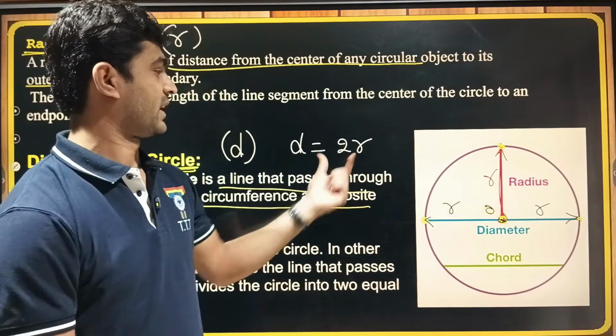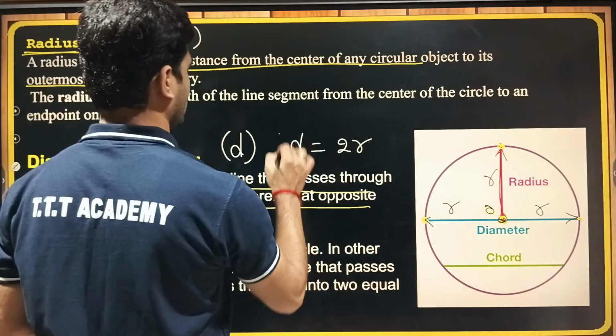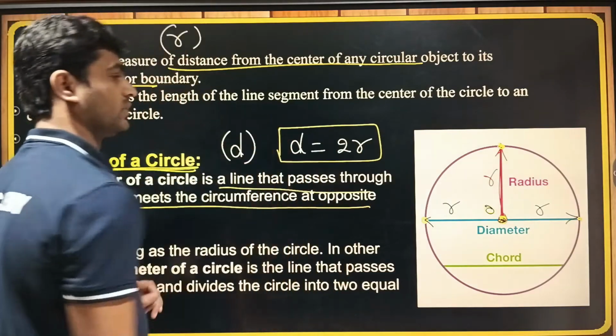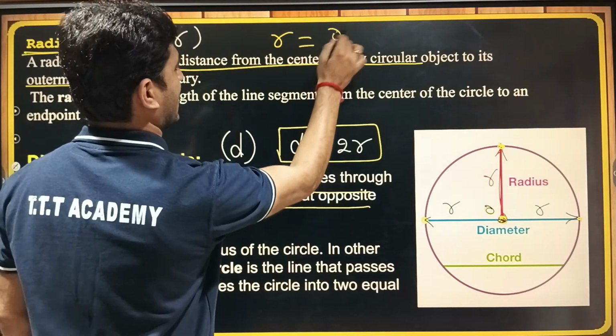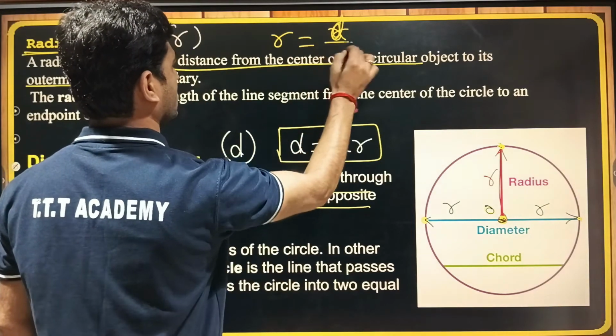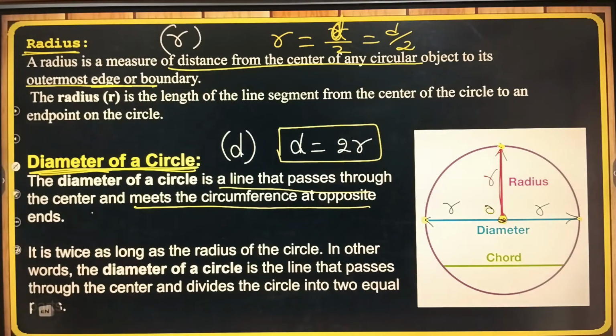So the reason we consider D equal to 2R. Or else R equal to diameter by 2. Okay? Radius can also be expressed with the diameter; if you know the diameter you can write the radius. If you know the radius, we can express the diameter.